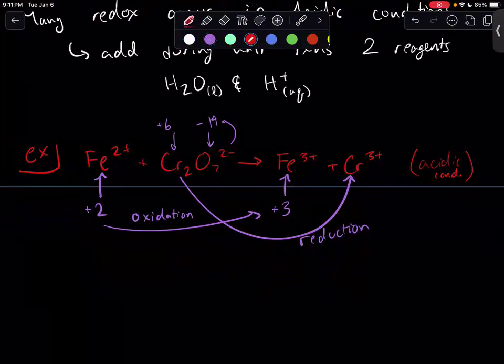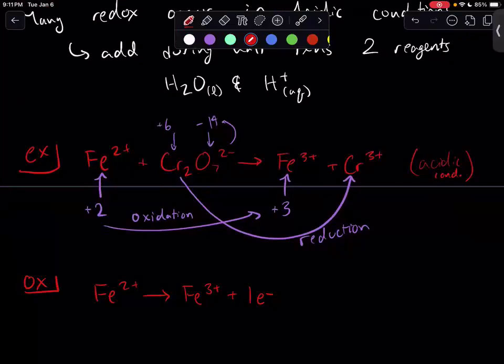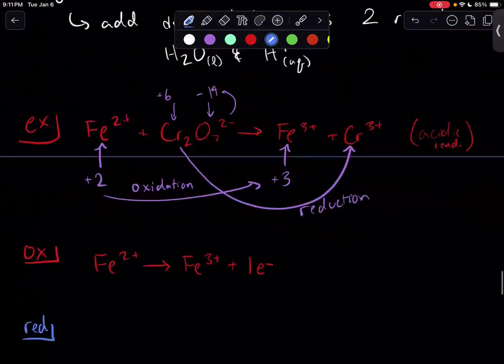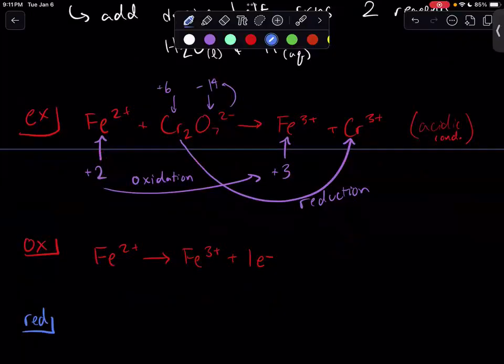All right, moving forward with our oxidation half reaction, Fe2+ reacts to form Fe3+, and we're going to add 1 electron. Easy enough. We have fully balanced our oxidation half reaction. This, however, becomes challenging when we move to our reduction half reaction. I have not just chromium, I have dichromate.